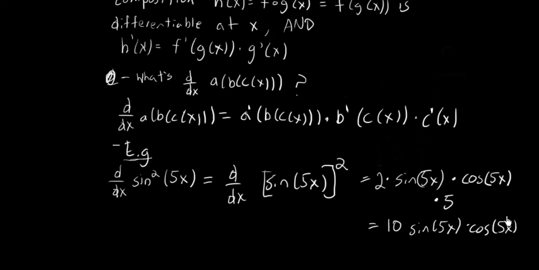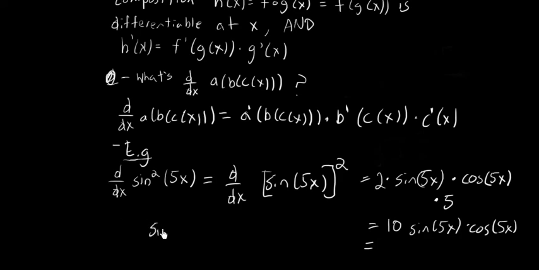The chain rule can be initially tough to wrap your head around, so don't be discouraged if you don't immediately get it. As you use it over and over again, it will become quite intuitive. But back to this example, this 10 sine of 5x cosine of 5x can actually be simplified further using the double angle identity for sine.